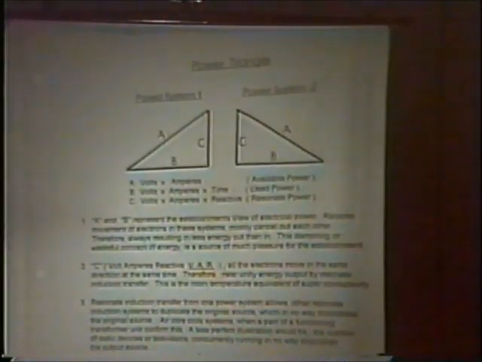Okay, let's see what else we've got here. In transfer of energy, you have what's called volt amperes reactive. What I'm showing here is the conventional power triangle in energy transfer.